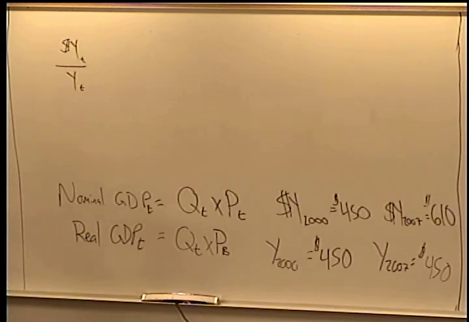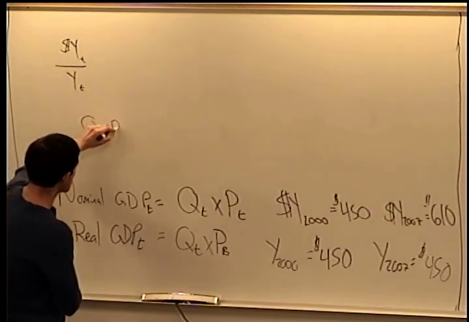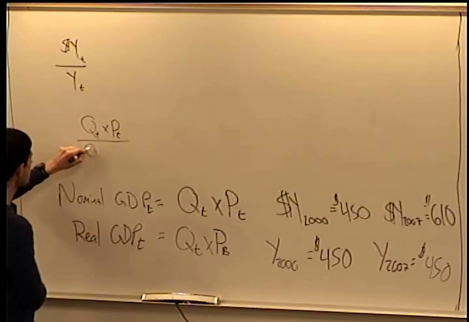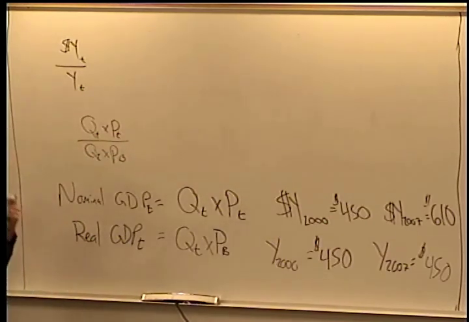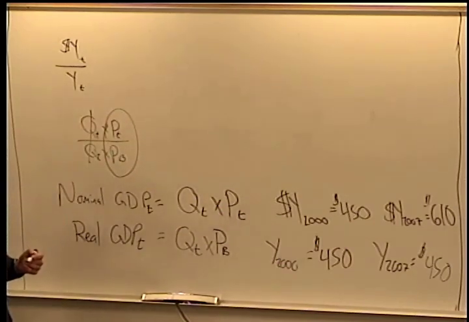Okay? Well, fundamentally what I have is QT times PT, that's this, divided by QT times price in the base year. And if I look at that, since I'm multiplying, I can cancel out quantities. And all that I'm left with is a ratio of prices.